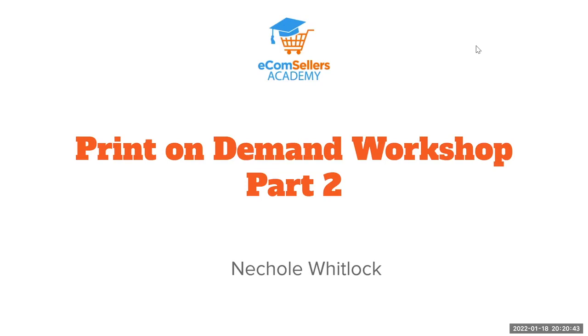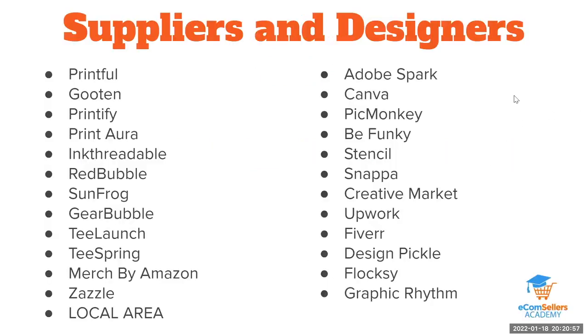In part 1, there was quite a bit of information that was covered. We talked about the different types of print on demand. We talked about why you should do print on demand, because it's a great way to get started in the e-commerce space without spending a lot of money.